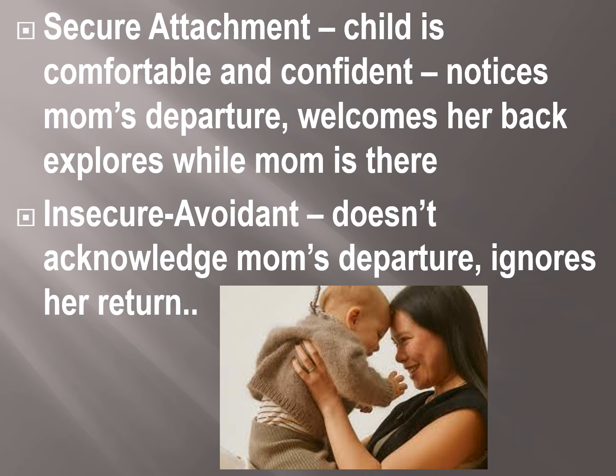Insecure avoidant is where somehow they haven't attached securely, and so they don't particularly notice when their mom leaves, and they don't really notice her when she returns. They're kind of avoidant.